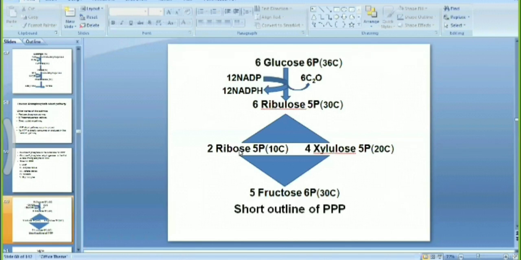So from this ribose 5-phosphate and xylulose 5-phosphate again condensed together to produce 5 molecules of fructose 6-phosphate. This fructose 6-phosphate can enter into the Embden-Meyerhof pathway of glycolysis. Is it clear?